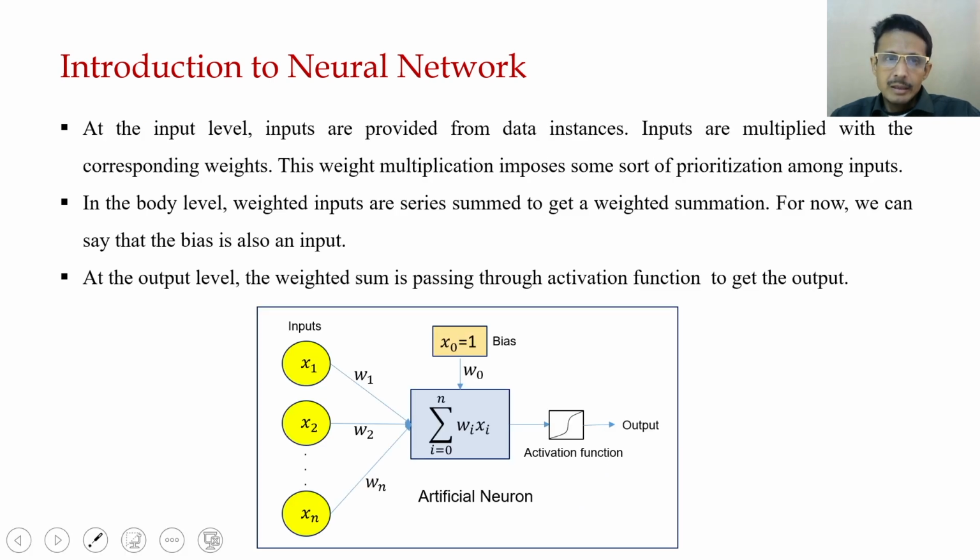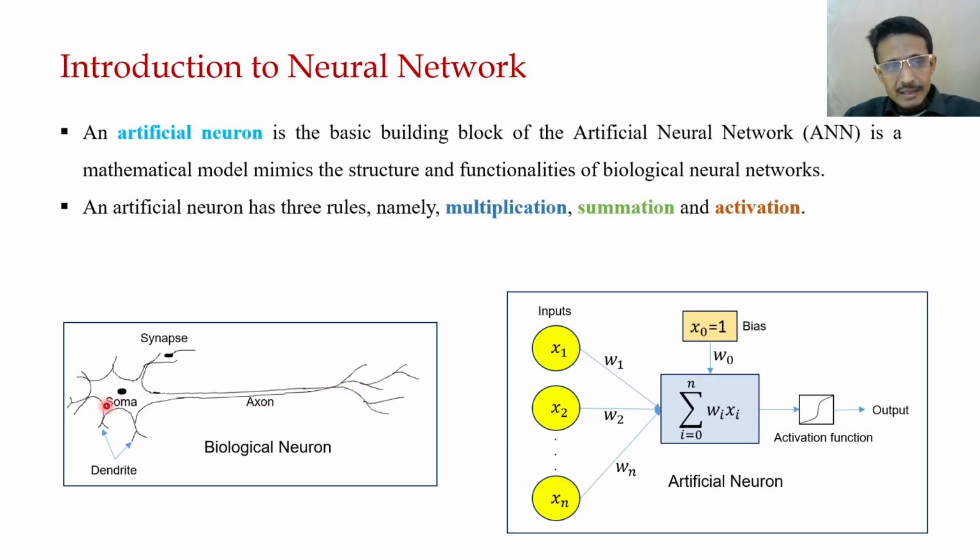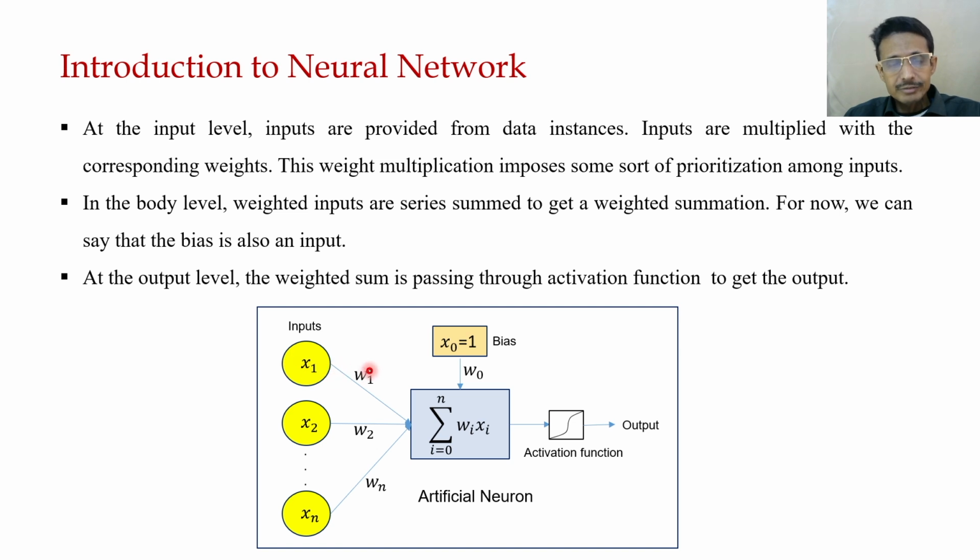Now, let's understand what is happening here and why. The inputs are multiplied with the corresponding weights. If you look at biological neurons, there is some prioritization of the electrochemical signals, and a similar thing happens here. Some prioritization of the inputs happens through the weight parameters.